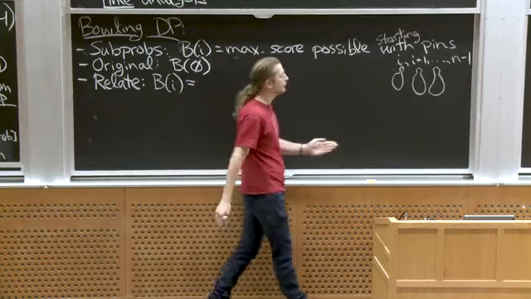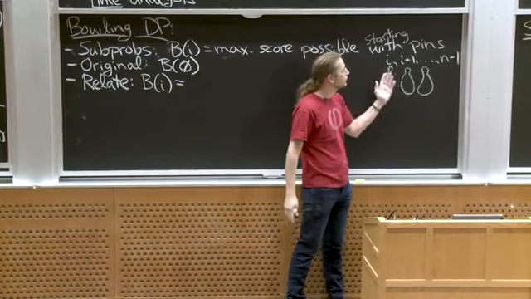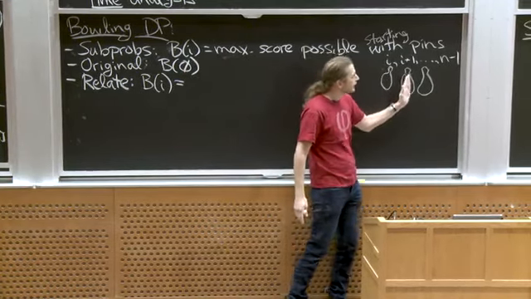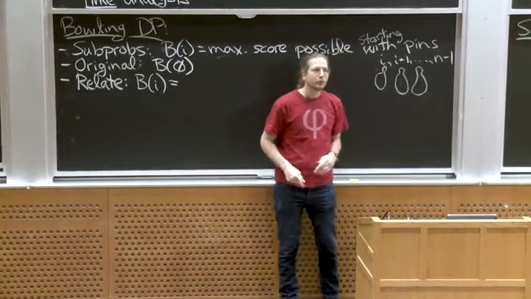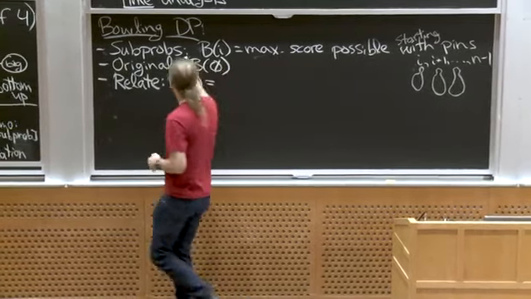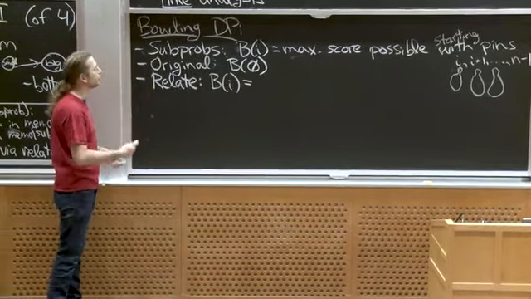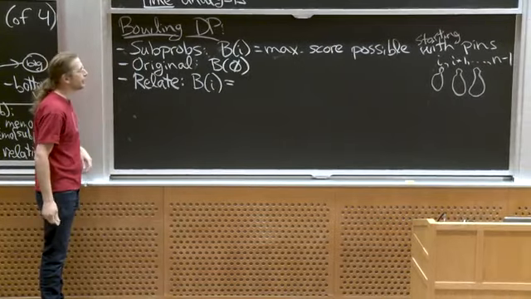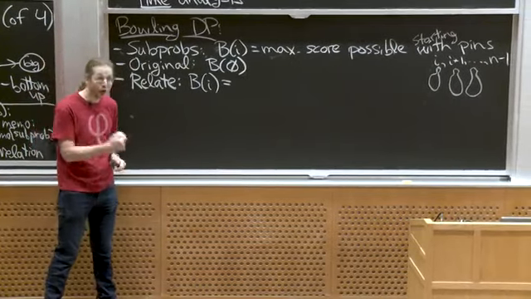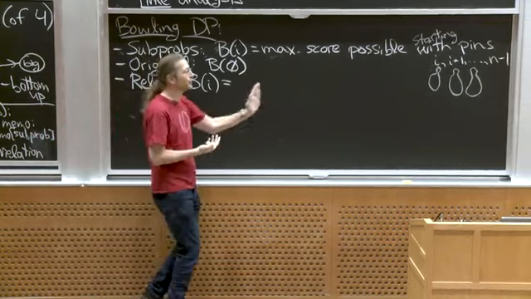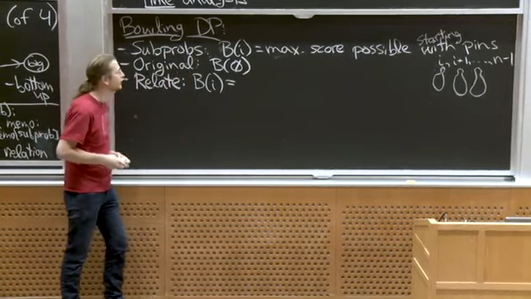So I'd like to clip off one or two items here, and then the remaining problem will be one of my subproblems. I'll be able to recursively call B of something larger than I, which will be a smaller subsequence because we're starting later.